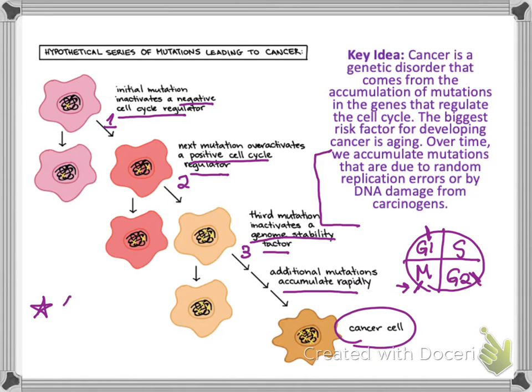You'll hear this. So typically 6 to 10 genes will need to be altered in order to make the cell cycle really go out of whack and the cell to become cancerous. Now, which 6 to 10 genes are going to be altered will vary from each patient. So let's explore a little bit more about what these genes might be.